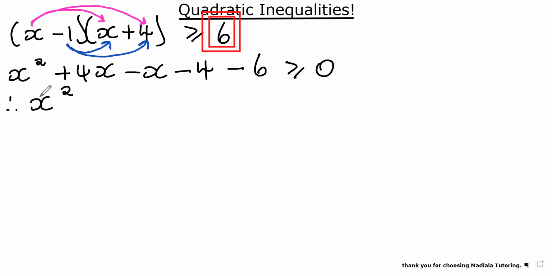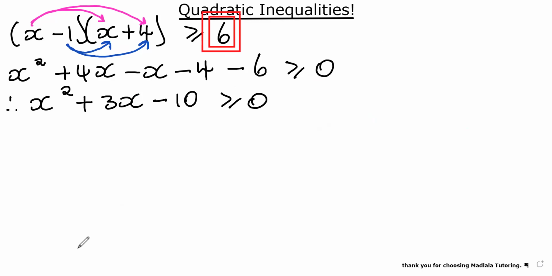Then now we write this inequality in standard form. So 4 minus 1, it's positive 3x. And then negative 4 minus 6, that's negative 10. And this is greater or equal to 0.